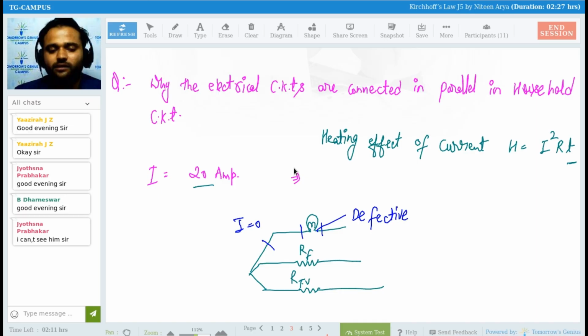So the other instruments are working properly in that scenario also.